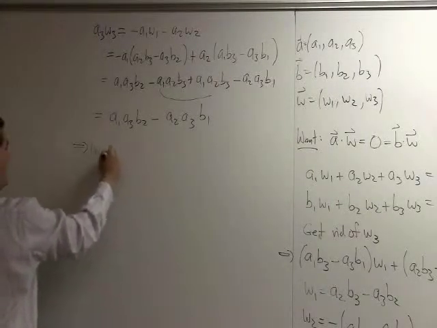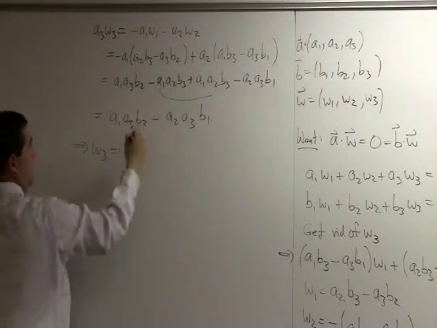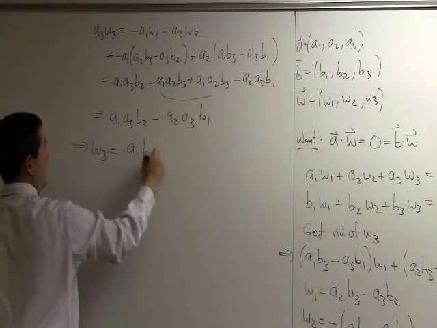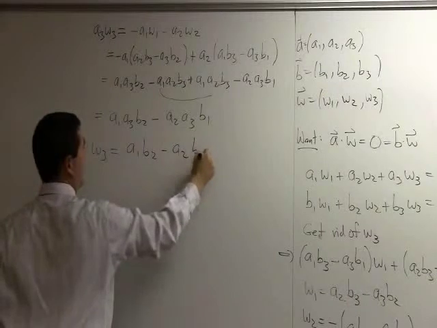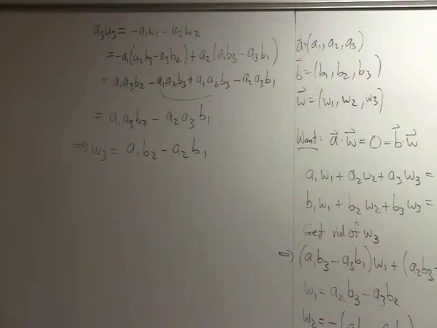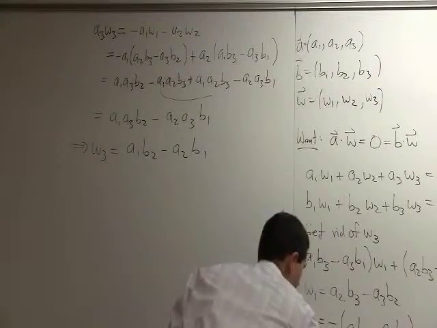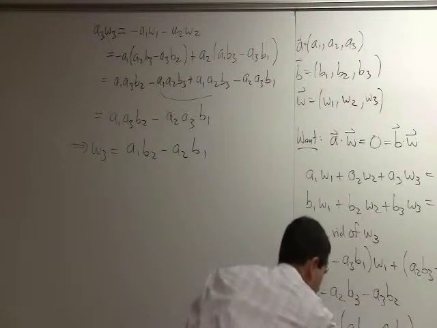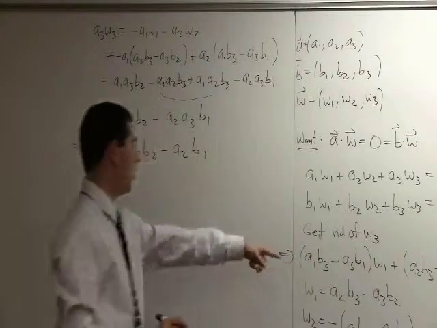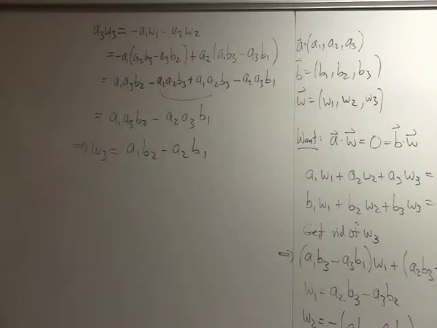A1, B2 minus A2, B1. Yes. Divide by A3, right? A1, B2 minus A2, B1. Okay, that's nice because I can rewrite my W2 as A3, B1 minus A1, B3. They're all now just, you take two of the A's and B's, multiply them, and then swap the indices and subtract.